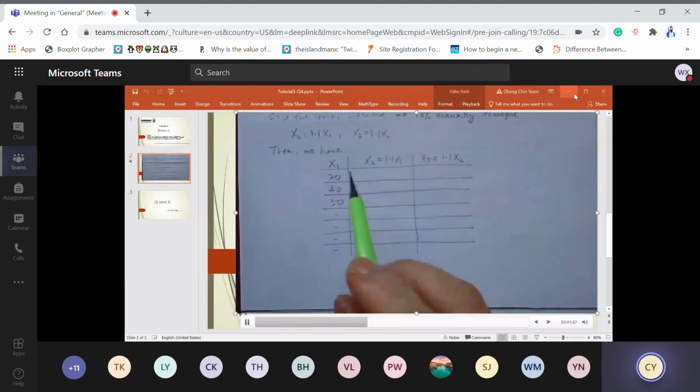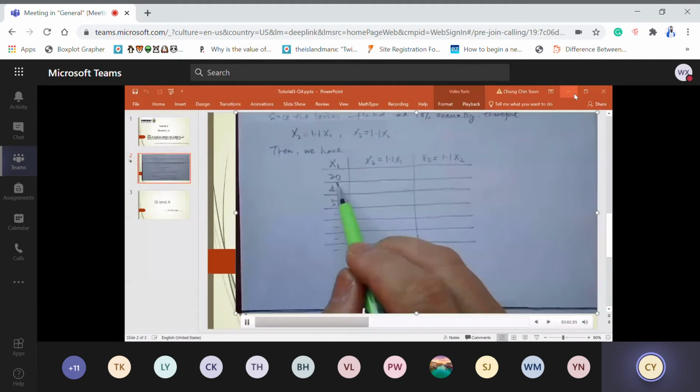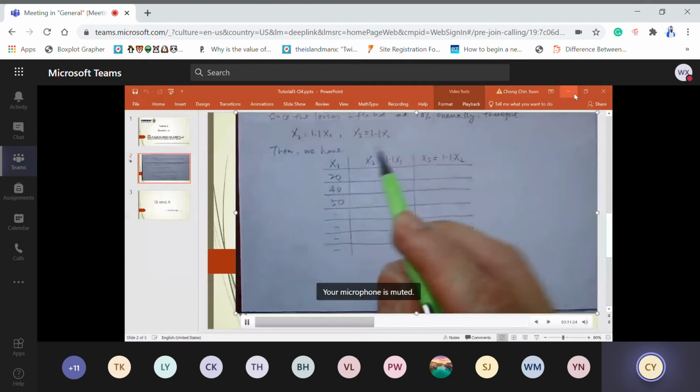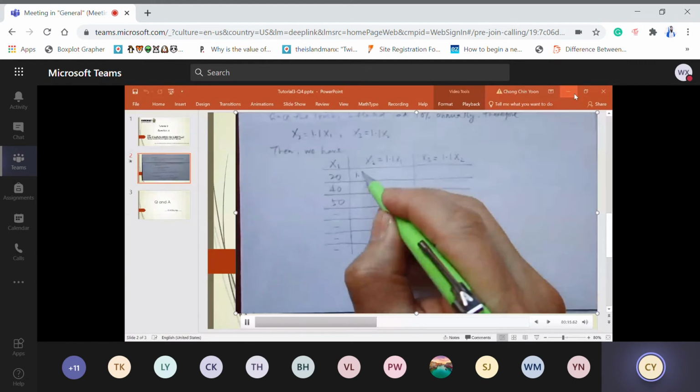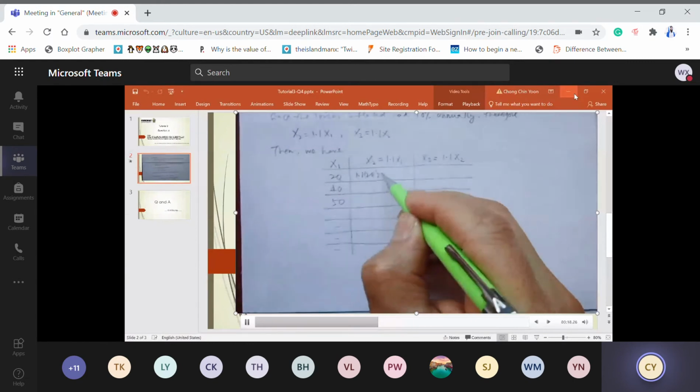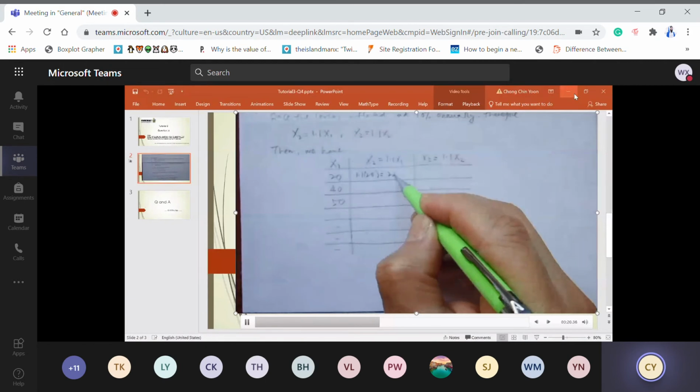So the question is given that the first year we have data of 20, 40, and 50. So when x1 is 20, then the x2 is equal to 1.1 multiplied by 20, so we will have 22.